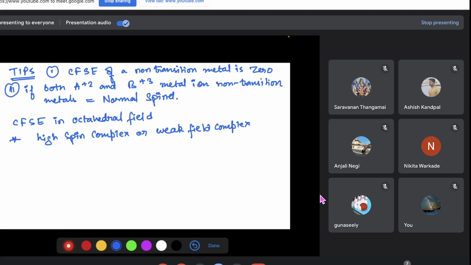And since the O4 occupies the CCP structure, that is why it is an octahedral field. So the splitting energy for the d orbitals in octahedral field is as follows.